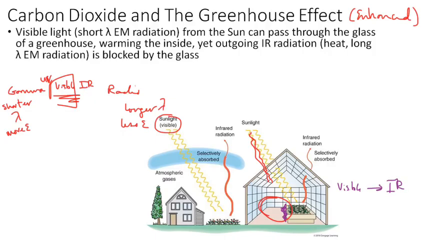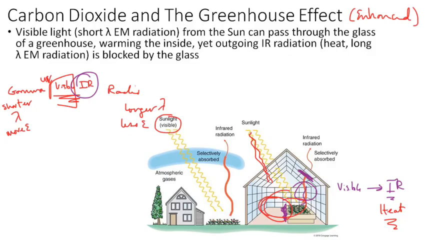Infrared is a longer, less energetic wavelength, but a lot of it is blocked by the glass. So it's kind of trapped in here. I don't think I've mentioned it yet, but infrared is thermal energy, or heat. So basically we have visible light being converted to heat, and it can't leave the glass.